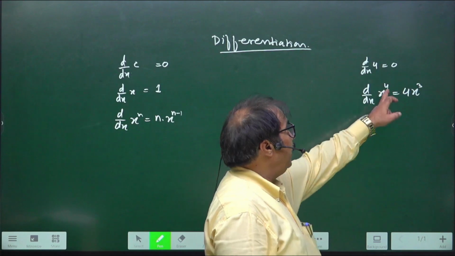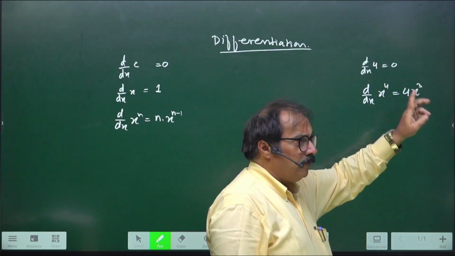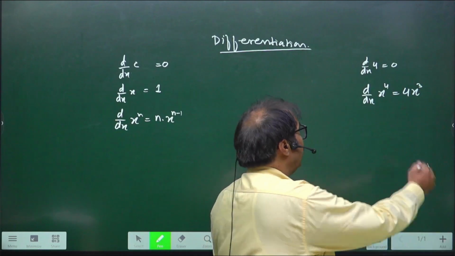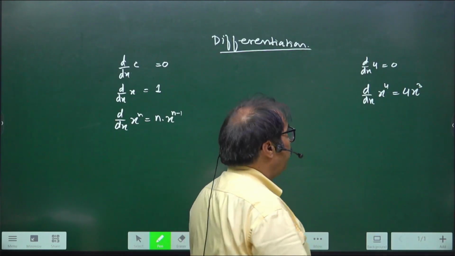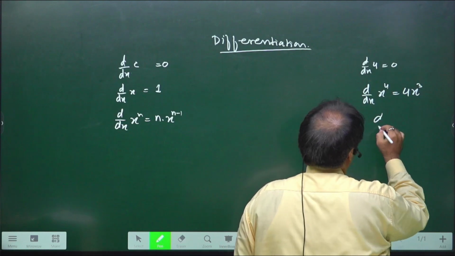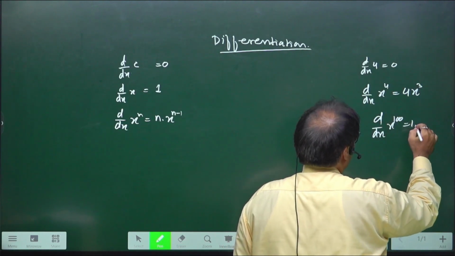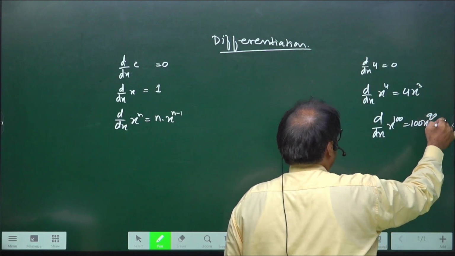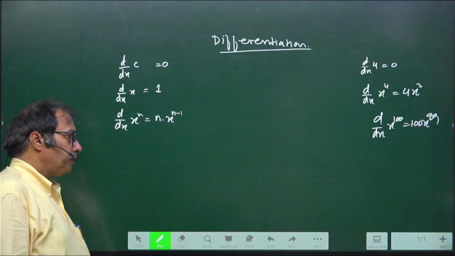How? n is 4, then 4 into x to the power n minus 1, 4 minus 1, that is 3. So the derivative of x to the power 4 is 4x cube. Similarly, the derivative of x to the power 100: we will write 100 into x to the power 99 by applying this identity.